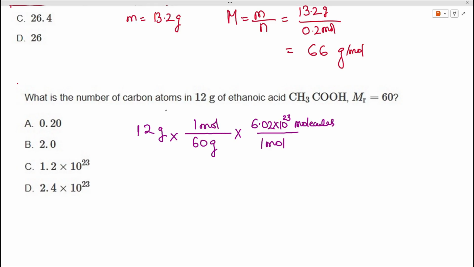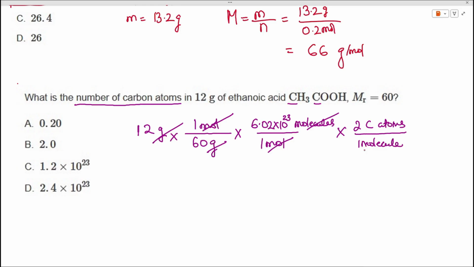But we are not being asked molecules. We have to give the number of carbon atoms. So we would say 1 molecule of ethanoic acid has 2 carbon atoms. So here grams and grams are gone, moles and moles are gone, molecules and molecules are gone.